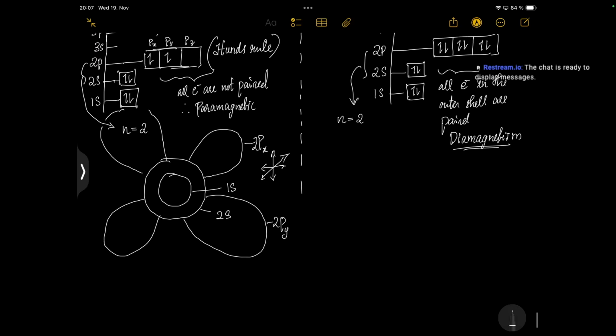In the case of neon, we could see the z orbital. I don't know if I could draw it in a better way, but that would be the 1s. That would be the 2s, px, py, and pz.